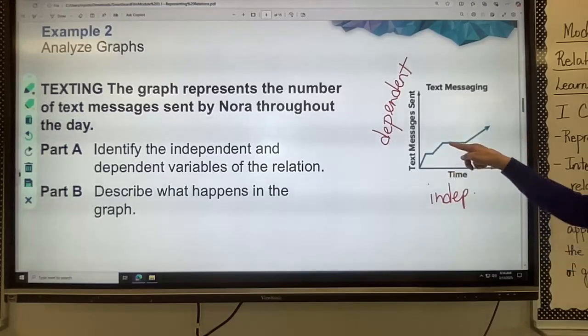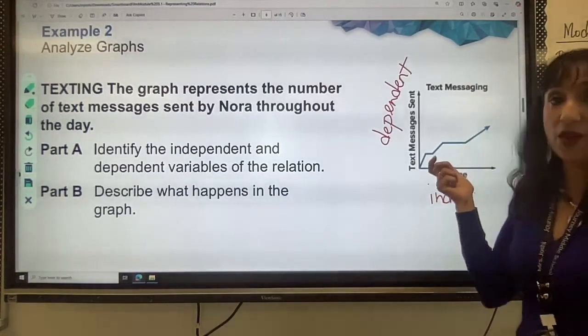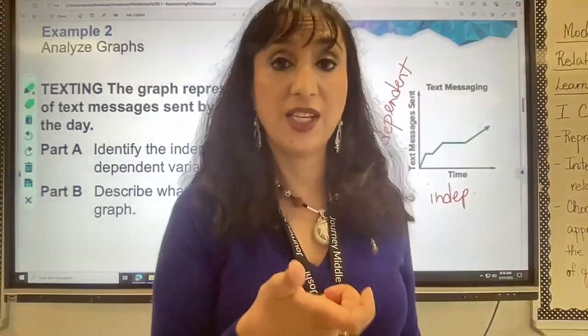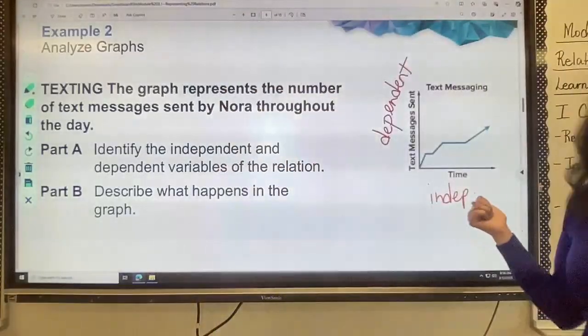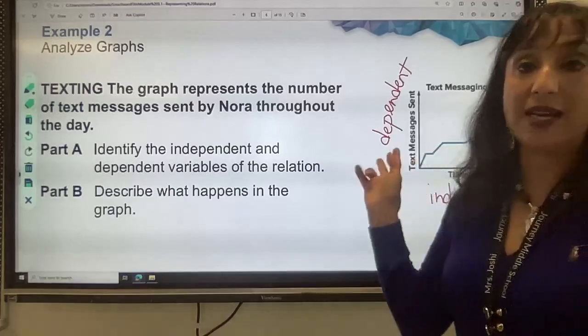A little bit here, and then it becomes a horizontal line over here. The horizontal line means that time is increasing, but the text messages sent remains constant. Okay, text messages sent remains constant, even though the time has increased. Okay, and so during this time, Nora stopped sending text messages.